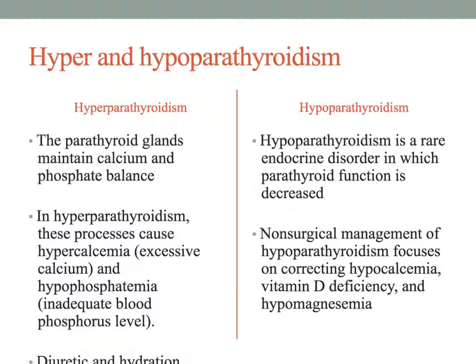So remember to know your normal calcium levels. Typically, I believe your book now says 9 to 10.5 is your normal calcium level. It's important to understand that. It's also important to understand that calcium levels can affect cardiac muscle activity, so it can be a life-threatening situation. Treatment for hyperparathyroidism typically ends up being a removal of the parathyroid gland.